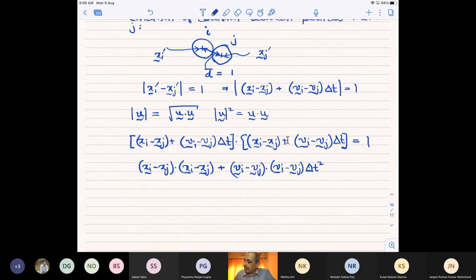That's the second term. And then you'll have two cross terms, xi times vj and vj times xi. Taking the order of dot products doesn't matter. So this will give us 2 times xi minus xj dotted with vi minus vj times delta t, equal to 1.